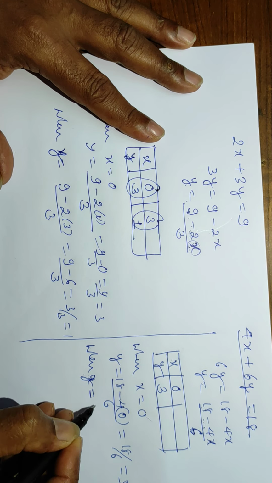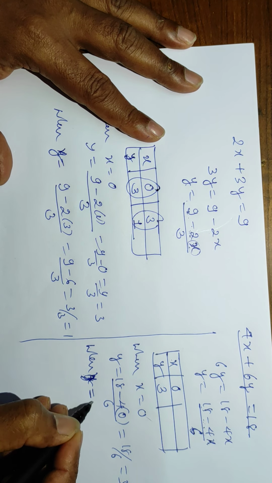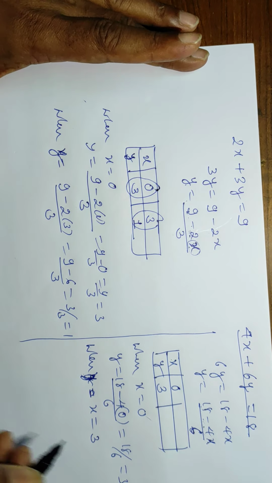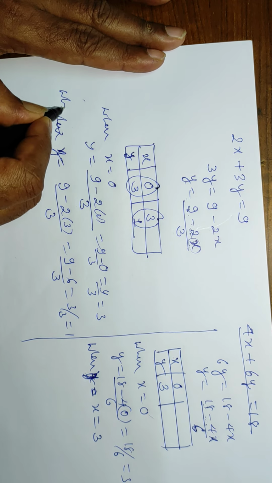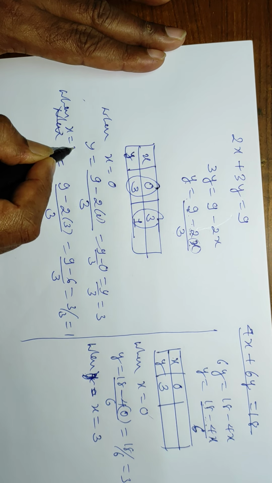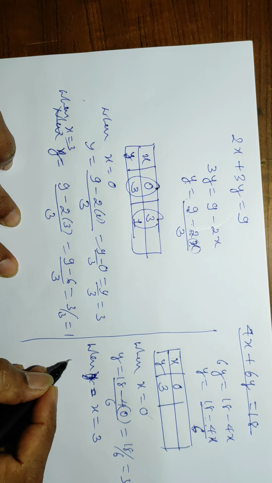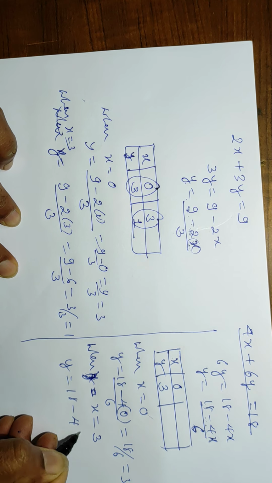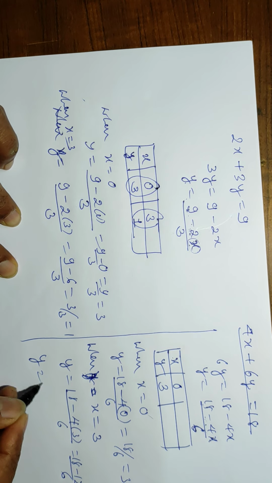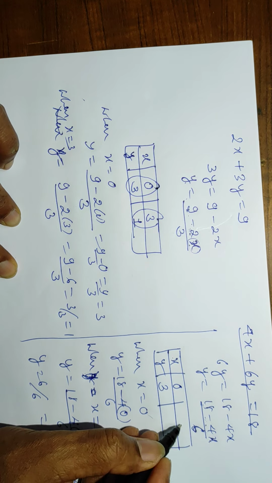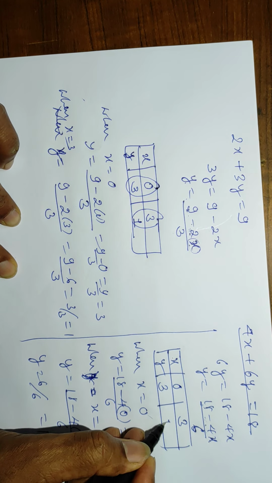So when x equals 3, y equals (18 minus 4 into 3) by 6, that is (18 minus 12) by 6, 6 by 6, that is equal to 1. When x equals 3, y equals 1.